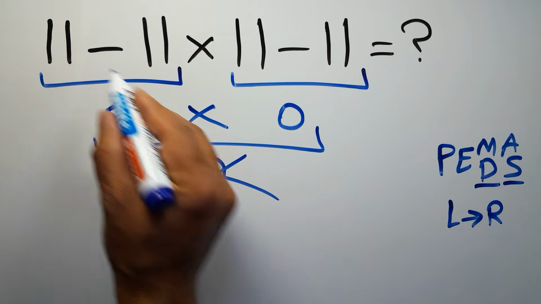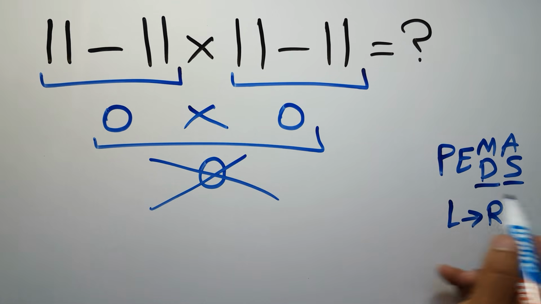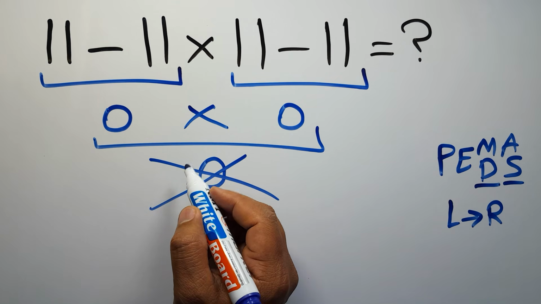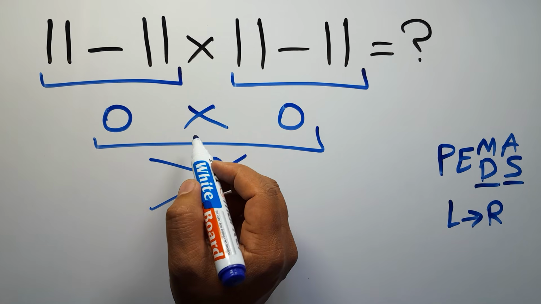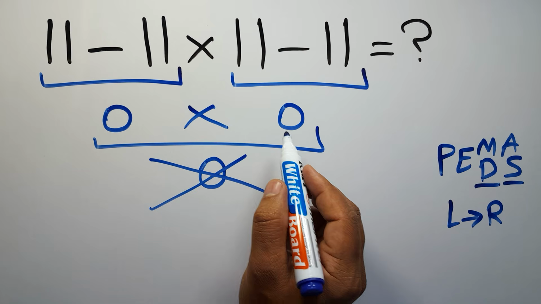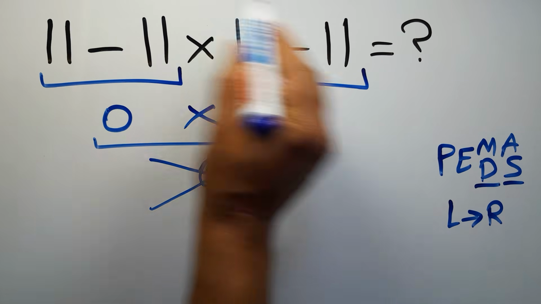In this expression, we have two subtractions and one multiplication. According to PEMDAS, first we have to do this multiplication because multiplication has higher priority than subtraction. And when we have more than one subtraction in an expression, we have to work from left to right.